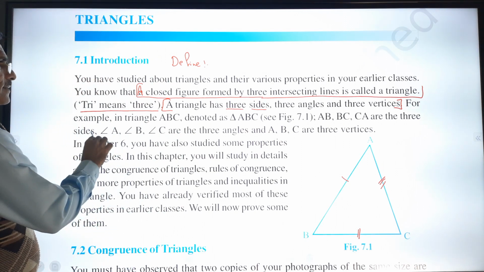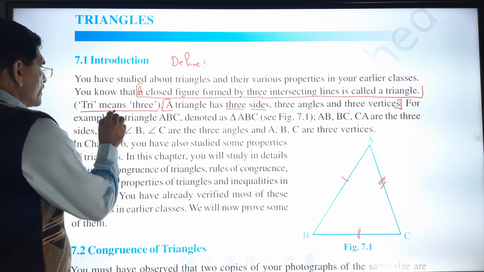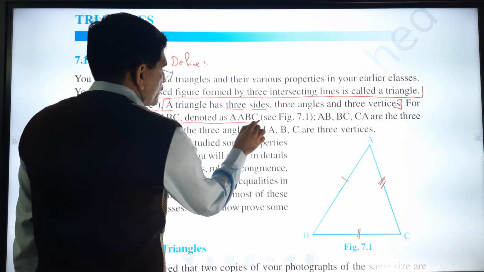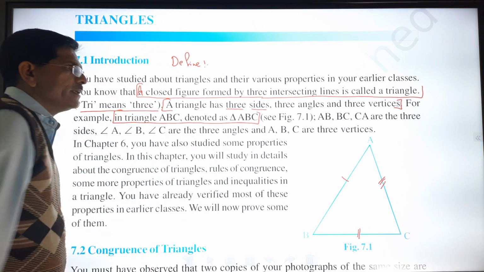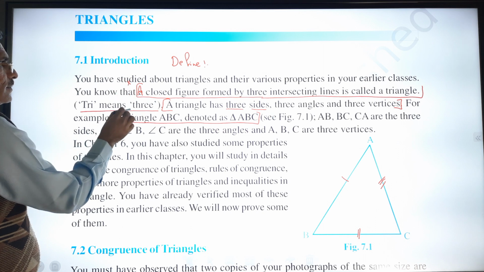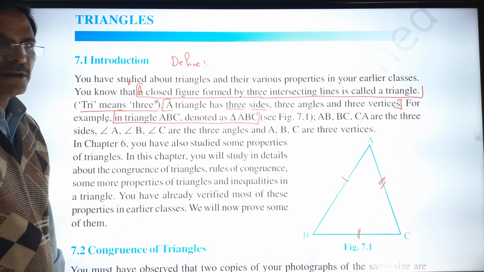Now, for example, a triangle is denoted by the symbol triangle ABC. That is the third point.